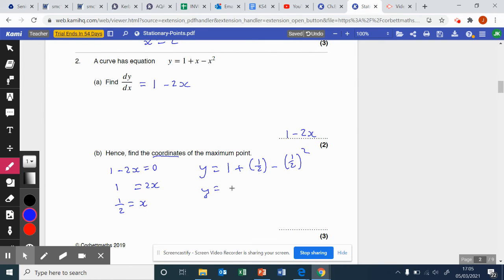That was 1 plus a half minus a quarter, because a half squared is a quarter. And then we have a half minus a quarter, which is a quarter. So that gives you 1 and a quarter. But at this level, writing mixed fractions, let's go for improper: 5 over 4. So our coordinates are going to be a half, 5 over 4.